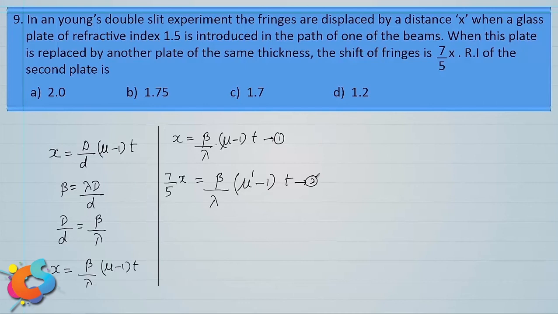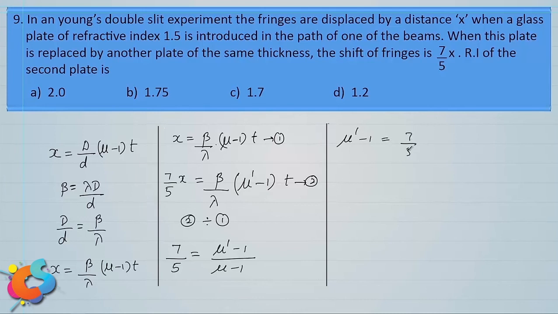Now when you take the ratio, let me take 2 divided by 1. So in LHS you are left with 7 by 5 is equal to, beta by lambda gets cancelled, (mu dash minus 1) divided by (mu minus 1). Or mu dash minus 1 is equal to 7 by 5 times (mu minus 1).